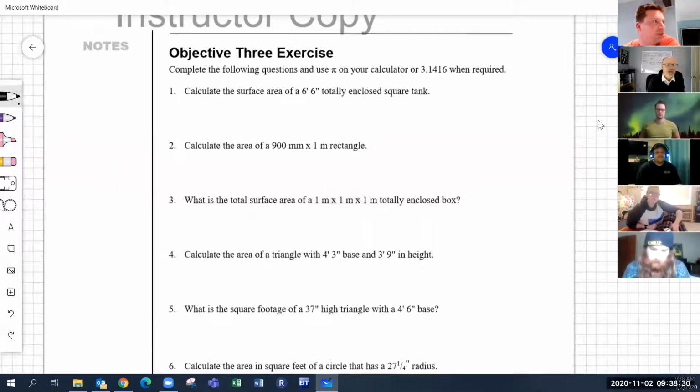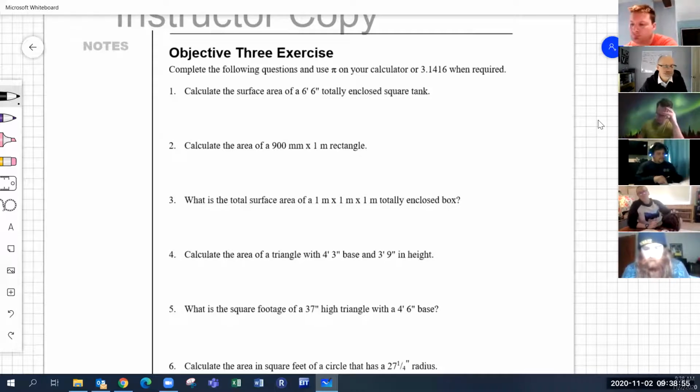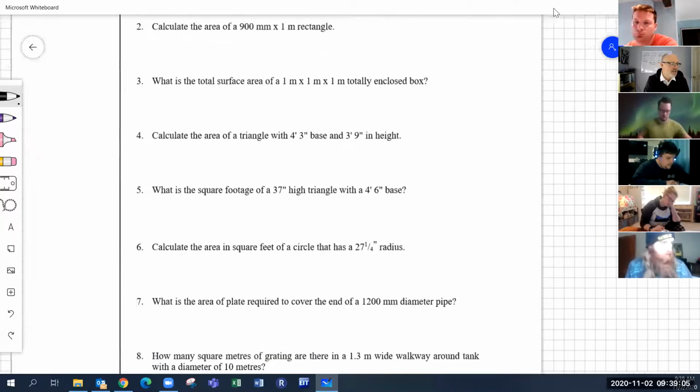Okay. So we have objective 3 exercise out of your ILMs. We kind of did a bunch of these, but I want you guys to make sure you know what you're doing. So I'm going to give you now until 10 o'clock to quickly run through these areas on your own. So take the next 20 minutes and do objective 3 exercise.